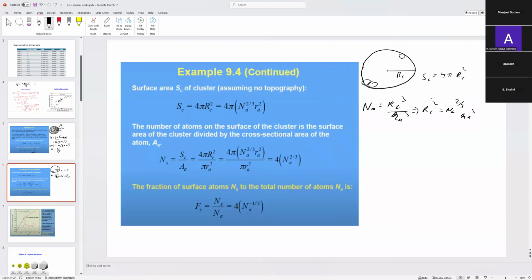Just take the cube root on both sides and square. So this is how RC and RA are related. You can substitute the value of RC here, so we get Sc equals 4 pi Na to the power 2 by 3 RA squared.